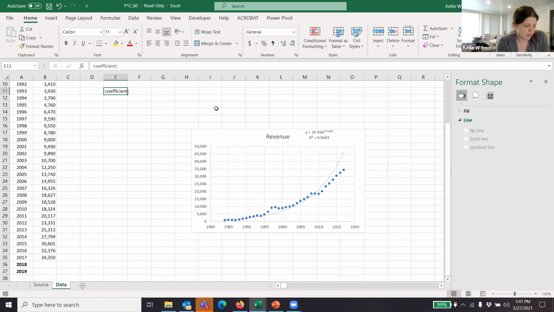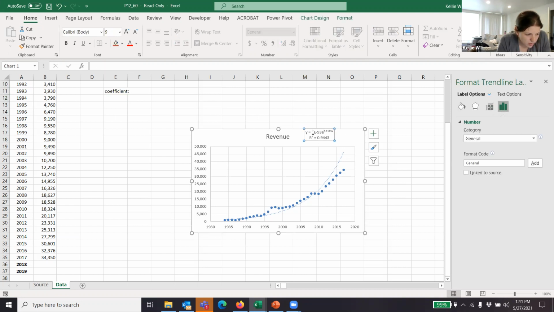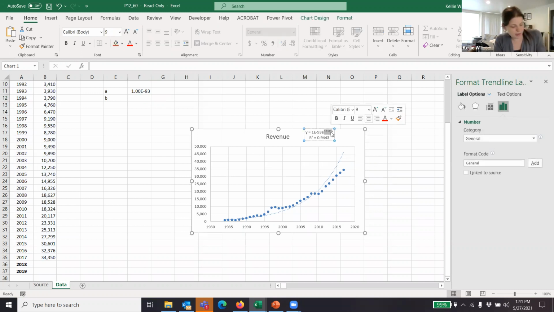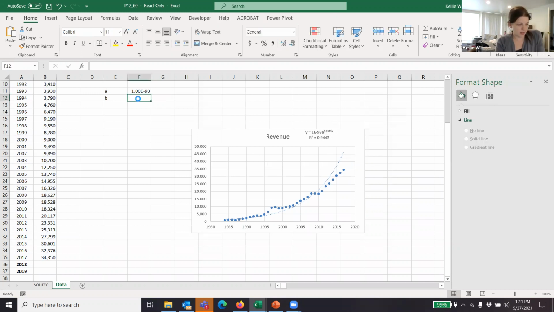pull out the coefficient. I wonder if it'll let me. That, and then there's also this term up here multiplied by the data point.